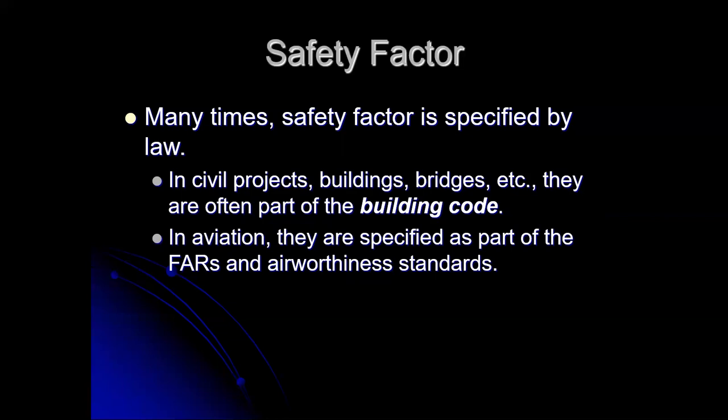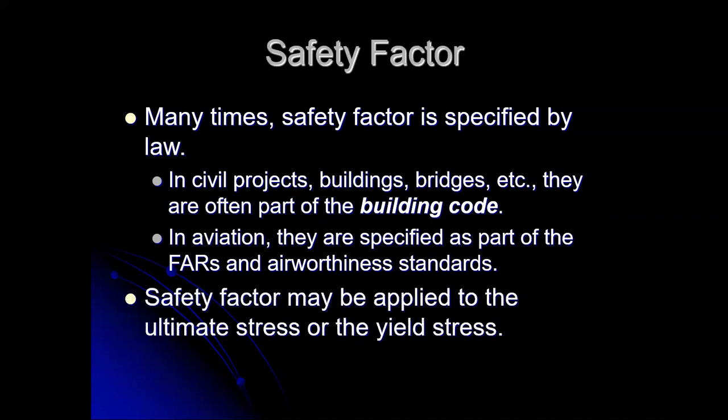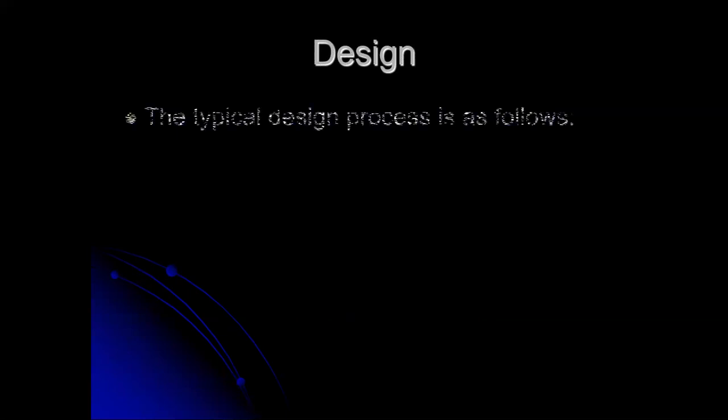A 20% safety factor is sometimes used for things that are really weight critical. So safety factor can be applied to either the ultimate strength or the yield strength. It depends on what our limit is. Typically in most structures, we're concerned about yield, so we keep it below the yield point by some amount of safety factor. And that leads us basically to the idea of design.